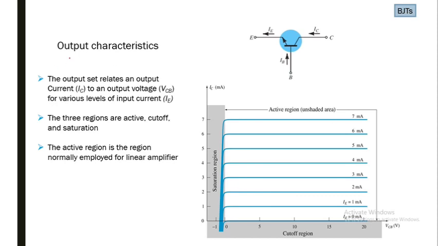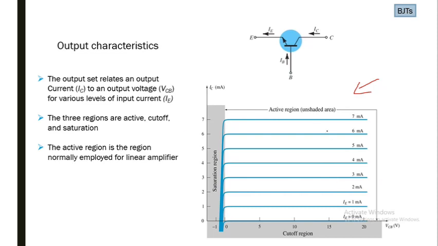Now the output set of characteristics. The output set relates an output current, which is IC, to an output voltage VCB for various levels of input current IE. These are output characteristics, and for each level of input current, we have a different output characteristic curve.